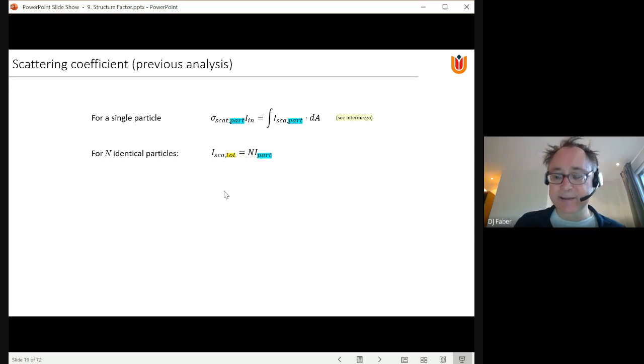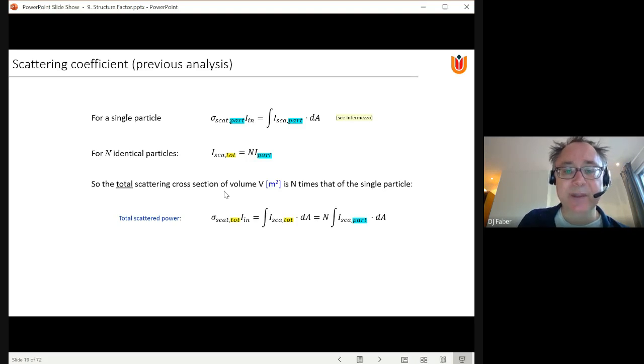Now, if we had n identical particles, then under the assumption of no phase relations, the total scattered intensity was n times the scattered intensity of a single particle, so that the total scattering cross-section in the volume V is then n times that of a single particle. So the total scattered power, that is what the equation says as well.